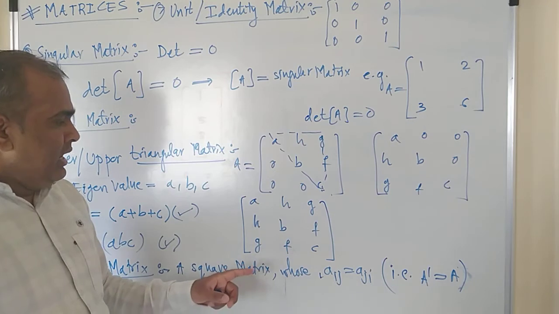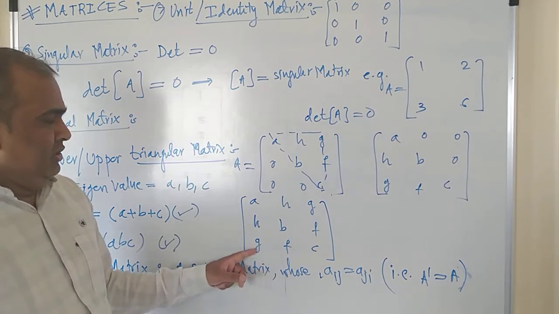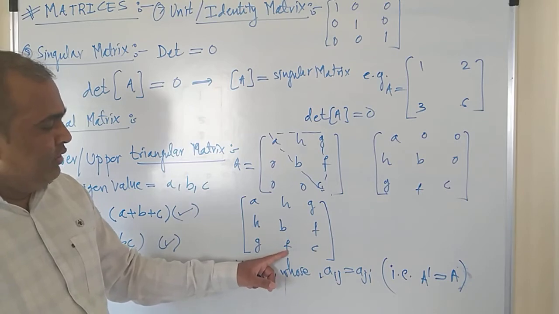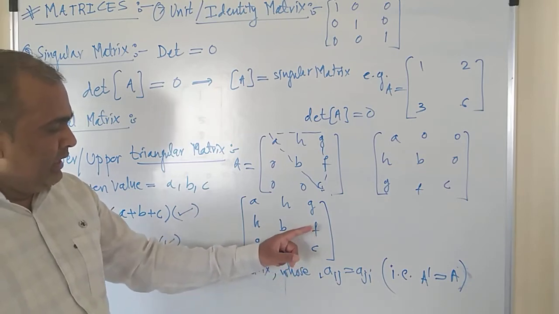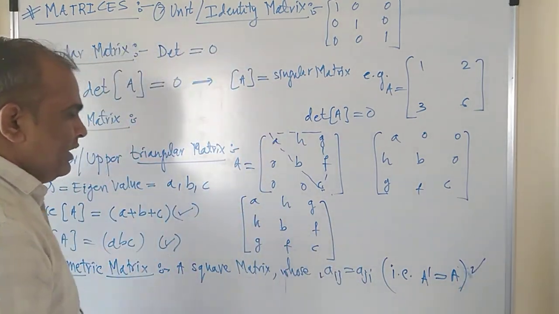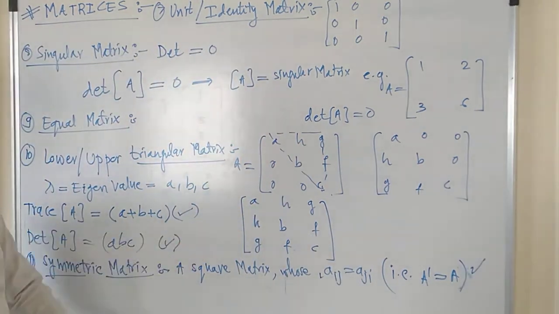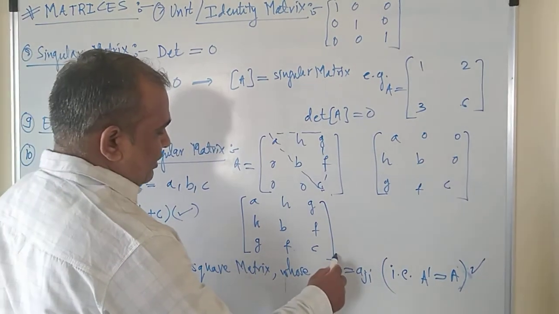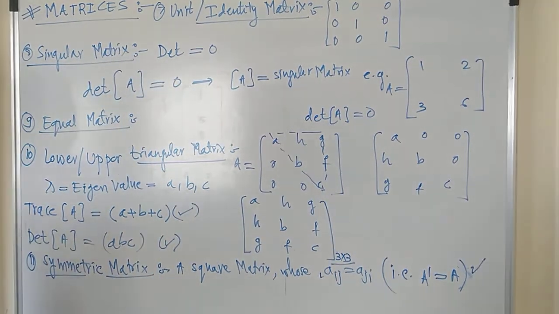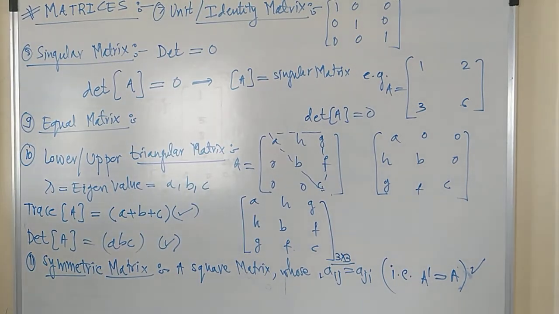A31 is G and A13 is G, isn't it? Similarly, the elements A32 and A23 are the same. So this qualifies the rules of symmetric matrices. So this is called a symmetric matrix, and it's a square matrix. Why? Because its rows and columns are the same. This matrix is a 3 by 3 matrix. Therefore, it is called the symmetric matrix, right?